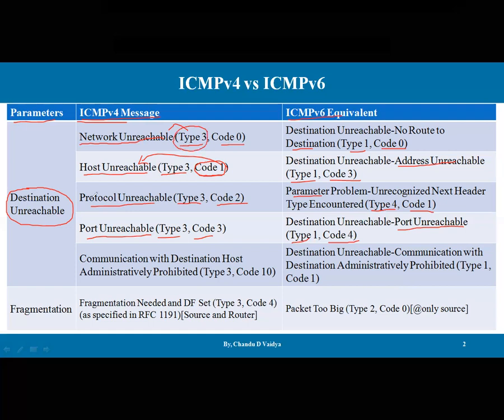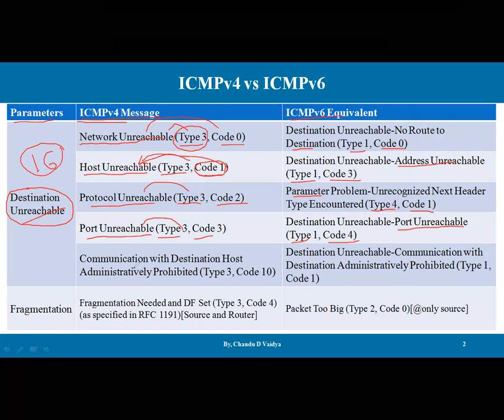Type 3 is destination unreachable, and the code is the subcategory. Destination is unreachable because of network unreachable, host unreachable, protocol unreachable, or port unreachable. There are 16 reasons for destination unreachable, but here very few categories are shown.